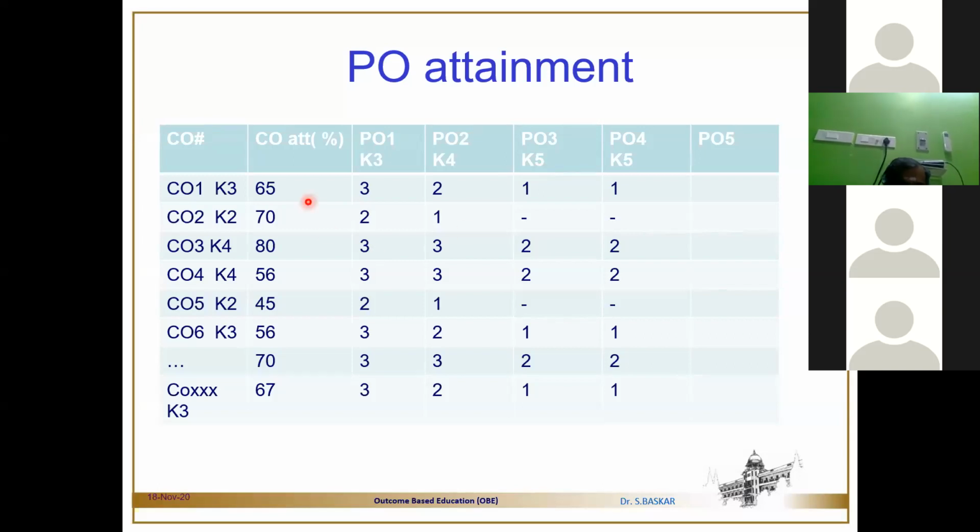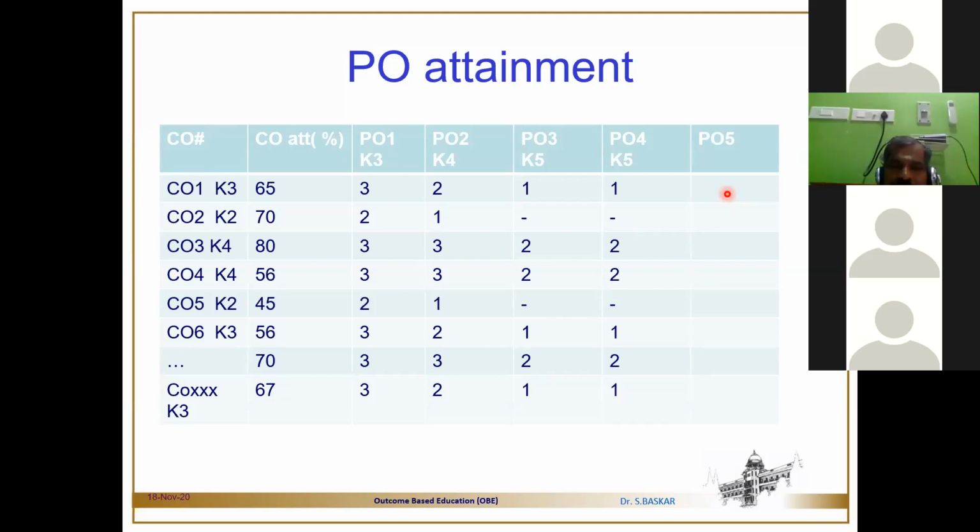Therefore, the row size will be 360. The number of columns will be 12 for POs. If you are using the program specific outcomes, then we'll be additionally adding 2 or 3 columns. Therefore, in general, for a 4 years engineering program, the approximate number of rows will be in hundreds, it may be 300 plus. The number of columns will be minimum 12.